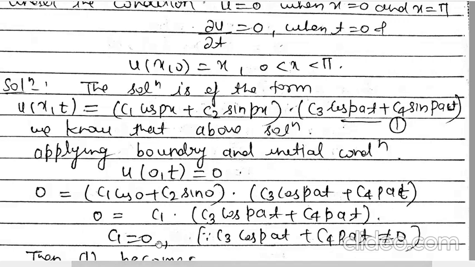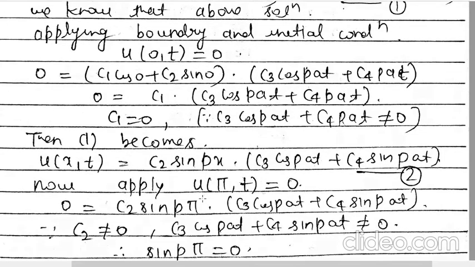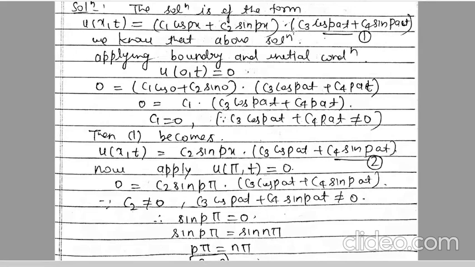So the constant c1 must be 0 here. Now with c1 equal to 0, equation 1 becomes u(x,t) is equal to c2 sin px into c3 cos pat plus c4 sin pat. This is your equation second.